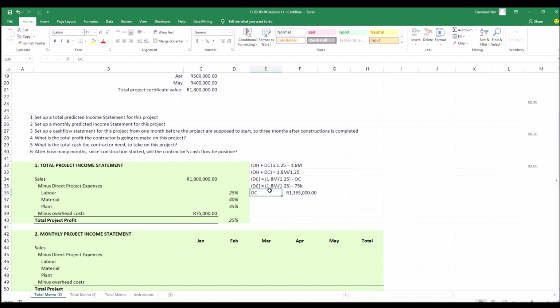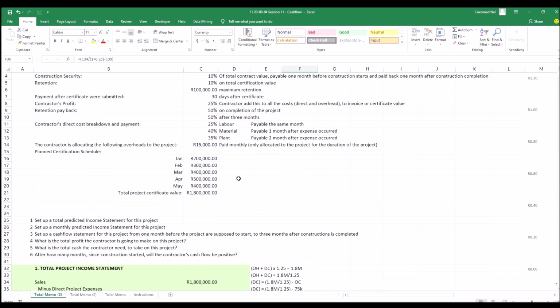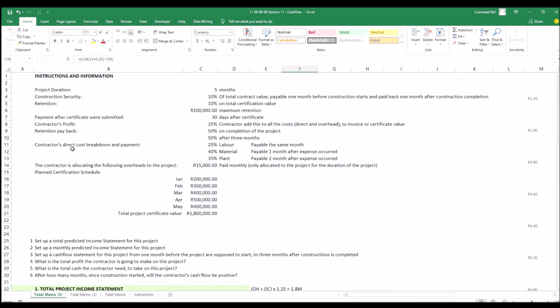So my total direct cost, so it's these three, is 1.365 million rand. Now I need to just break this value up, because this is the second thing that they say: my direct cost breakdown is broken down into these ratios in the project.